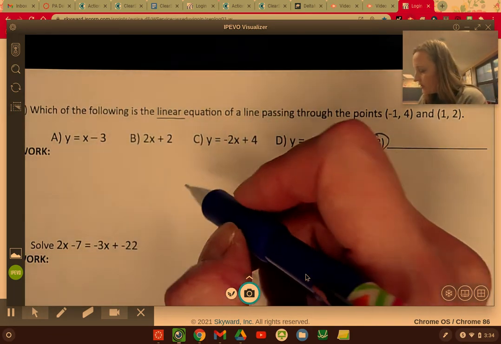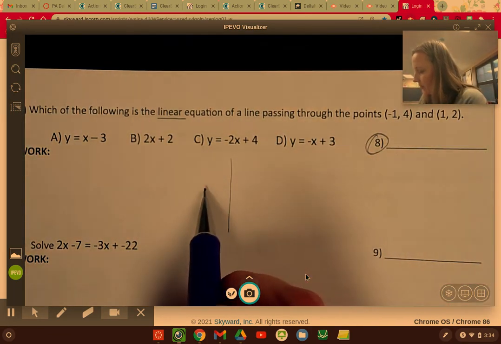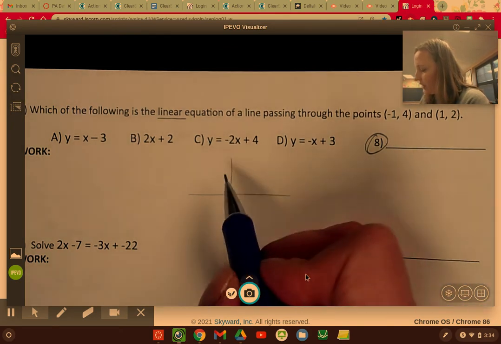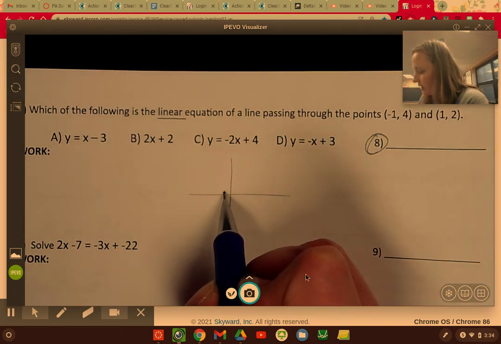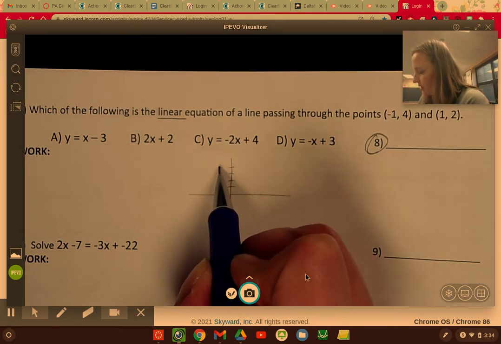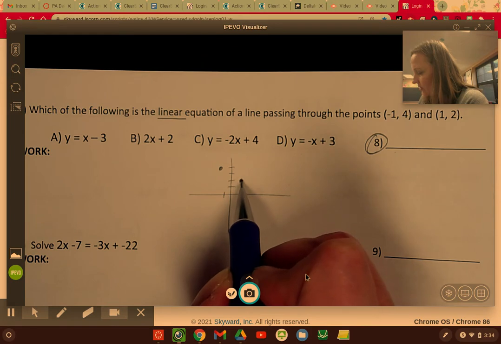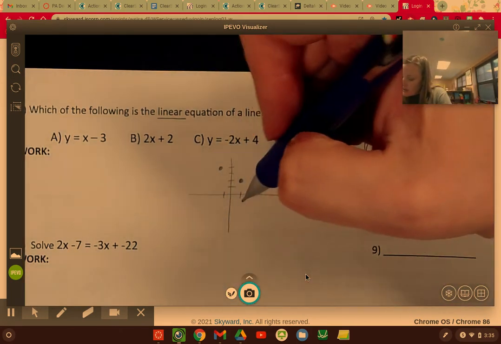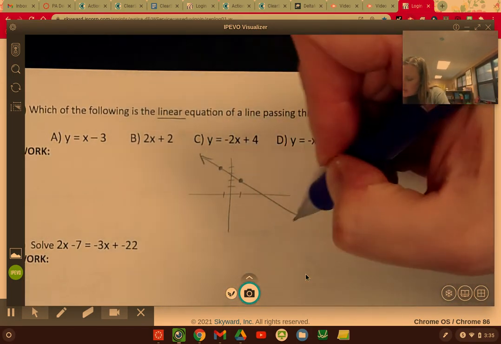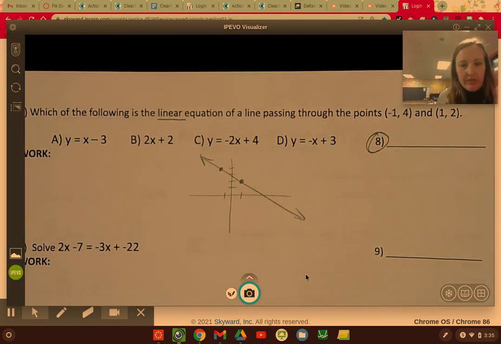If you're a visual person and you need to wrap your mind around this, you can always graph things. Negative 1, 1, 2, 3, 4. It's going to be there. 1, 2, 1, 2. Okay. And if it's linear, it makes a line and it goes through those points. So I kind of have a visual aid.